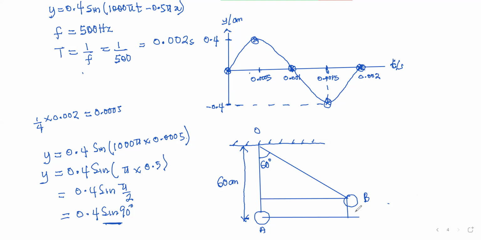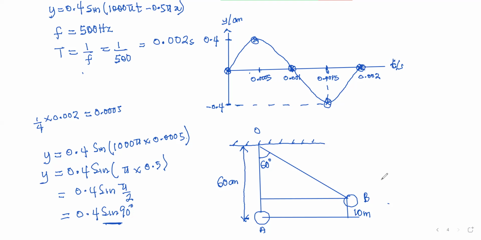10 meters. Then it goes on to tell you to calculate the work done in raising the pendulum to point B if the mass of the bob is 50 grams.